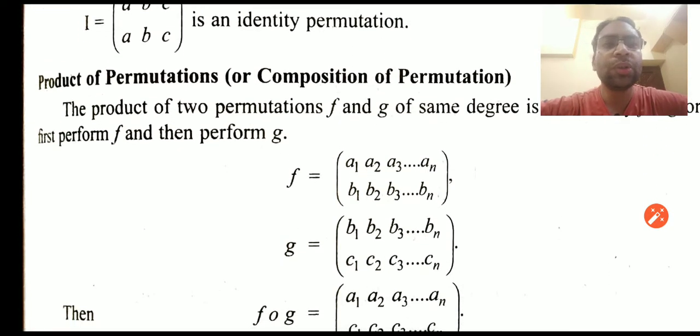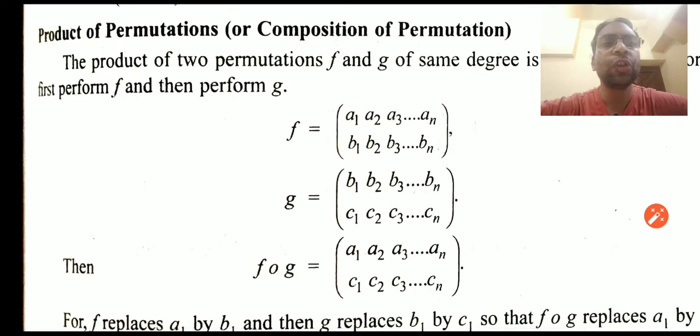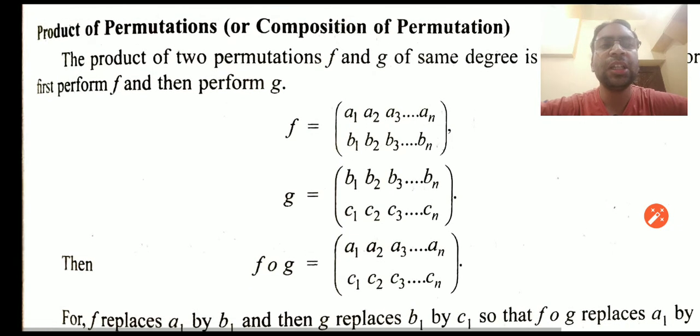Product of permutations, or composition of permutations, like you have seen the composition of mappings. In a similar way we have f and g, and we find the product of these two mappings. Let's say A1 is an element from the first mapping, which is mapped onto B1.